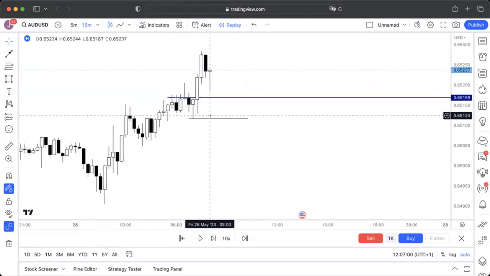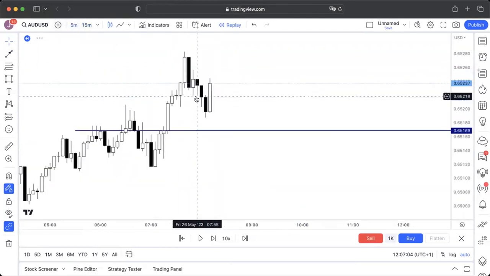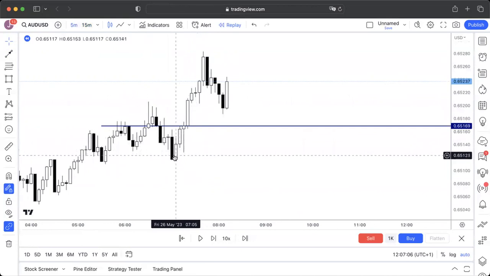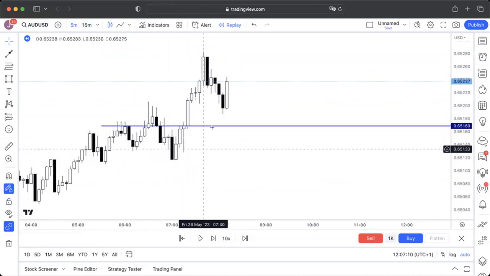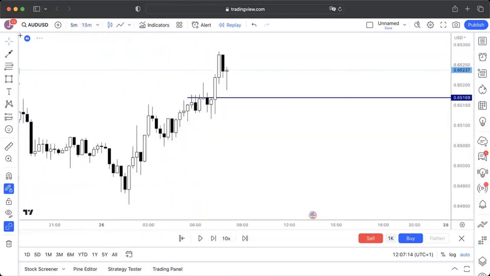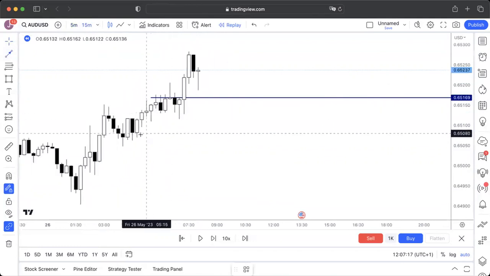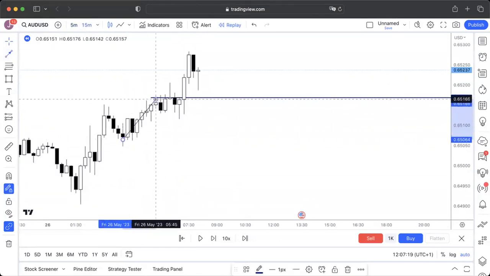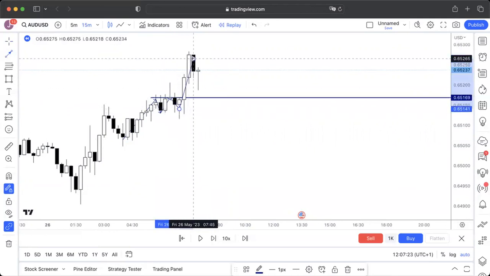Now, when we want to draw our deep test zone, we would switch to the 5-minute and we'd look at the recent price between the start of structural push and the broken structural level. Now, the start of structural push, if I was to map this out, as we've talked about in previous videos, this is how we'd map out structure.